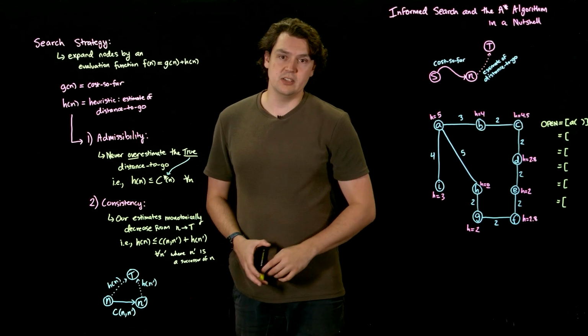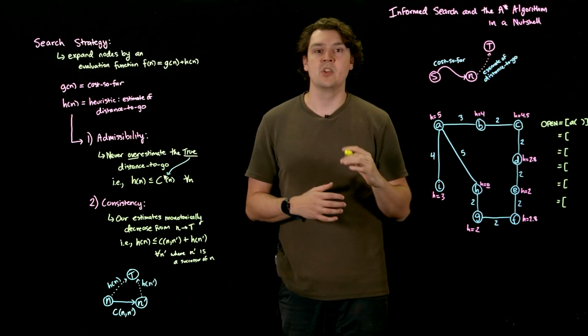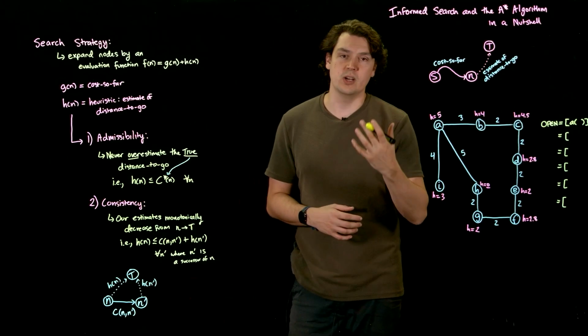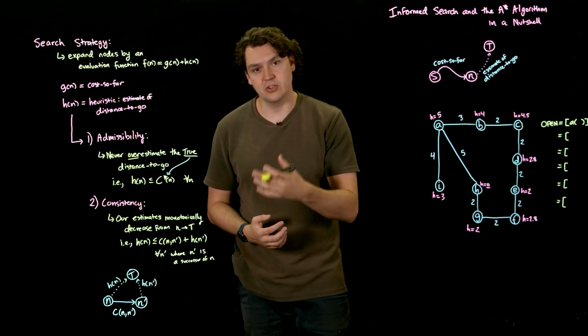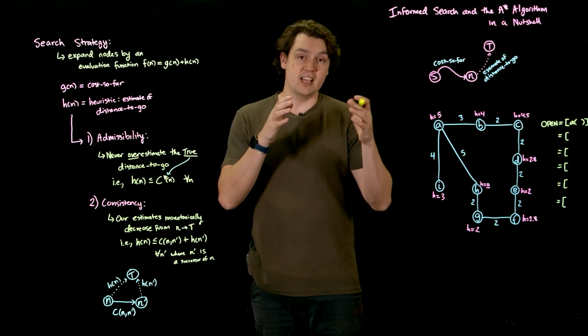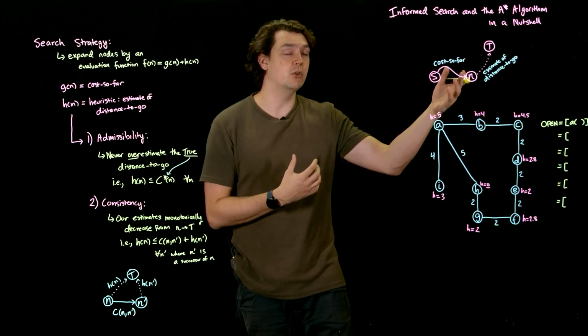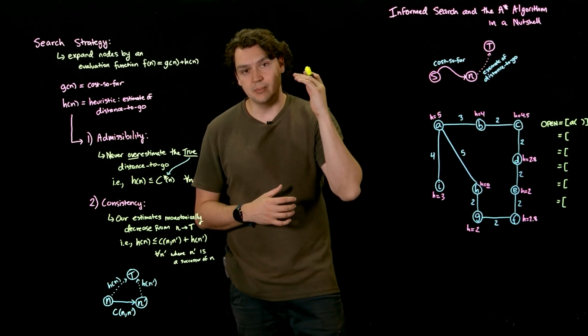So admissibility really is the easy one. This is just saying that in our estimates, we can never, ever, ever overestimate, okay? When I'm trying to return a distance of how far away I think I am, I have to make sure that it is either equal to the true distance, which in an ideal sense is great, that's the most informed, we're getting the most information, but otherwise it has to be lower.